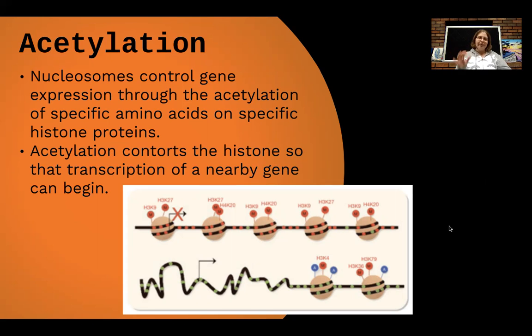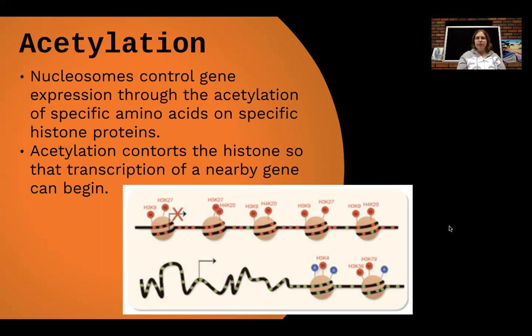Now, when we add acetyl groups, it actually causes the histone to contort and change its shape. So it kind of modifies and twists the histone so that the DNA becomes more accessible. So it's exposing more of the DNA by bending and contorting the histone.